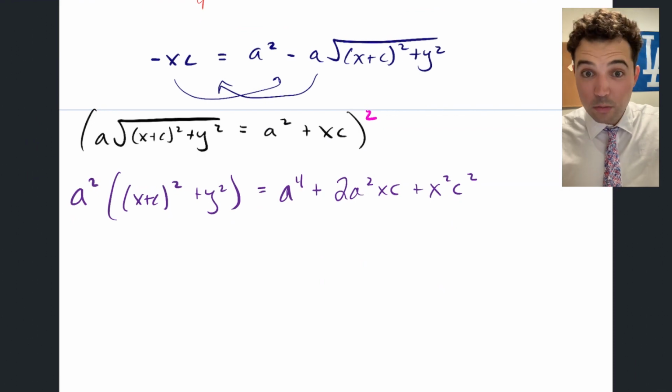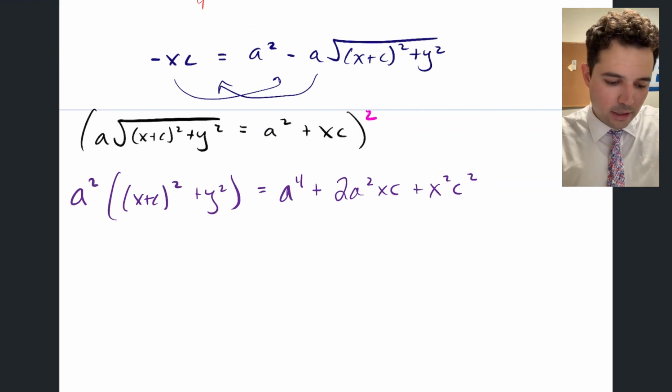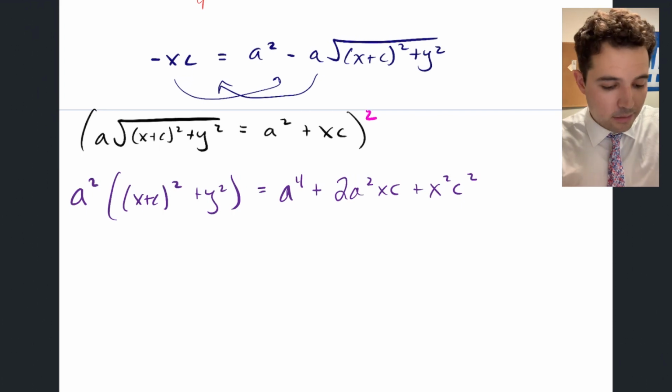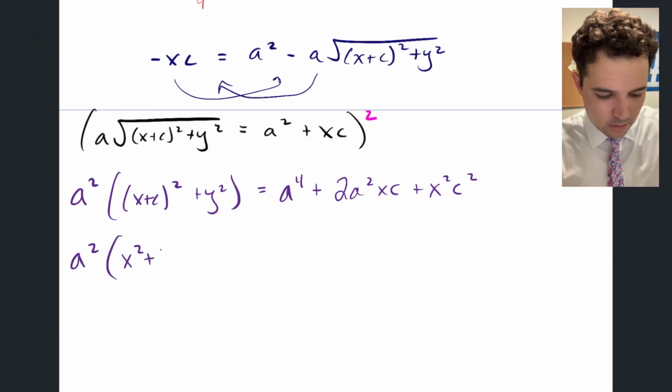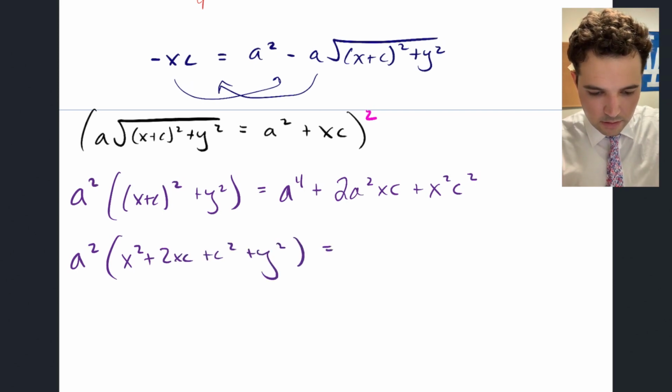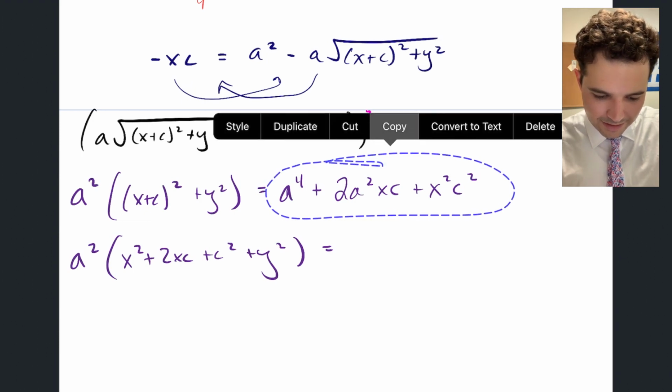I'm going to expand one more time and then distribute this a squared onto all of those terms inside. So first I'll expand into x squared plus 2xc plus c squared plus y squared. Let's just copy that.